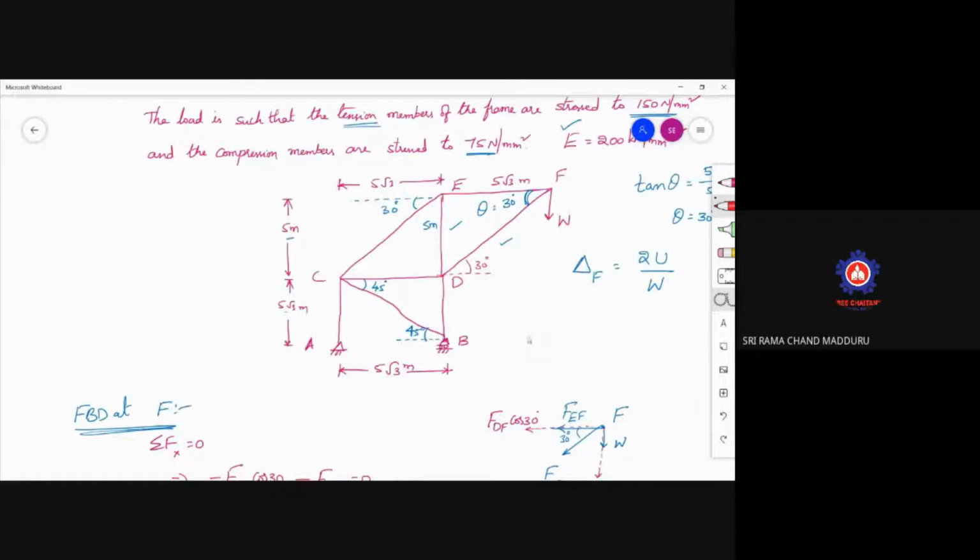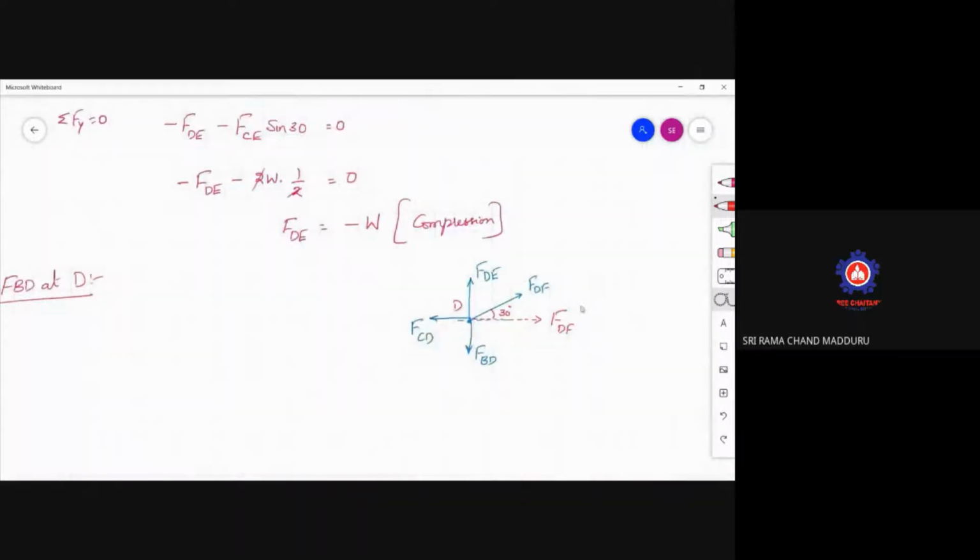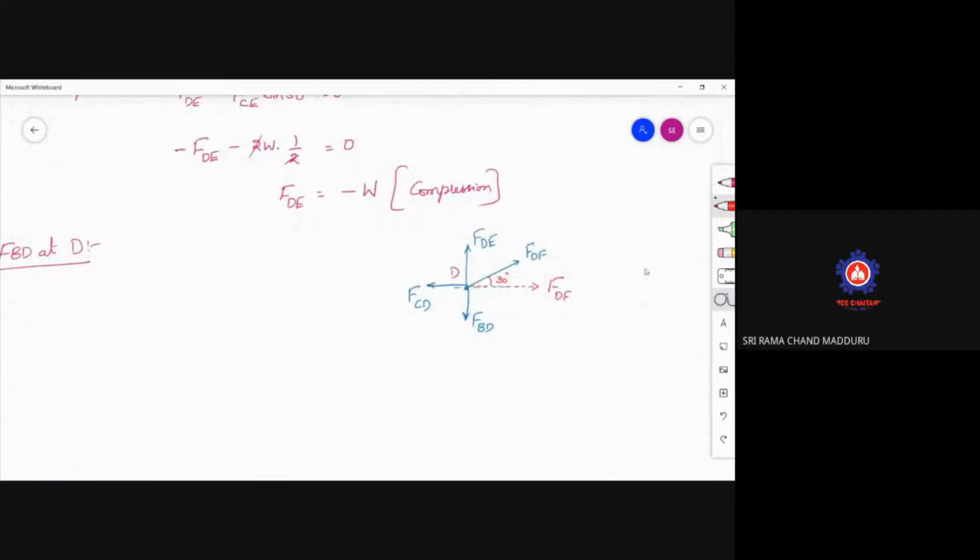So this is FDF. You can resolve it as FDF sin 30 as well as FDF cos 30. Sorry, please make a correction. This is FDF cos 30, and this one is FDF sin 30.